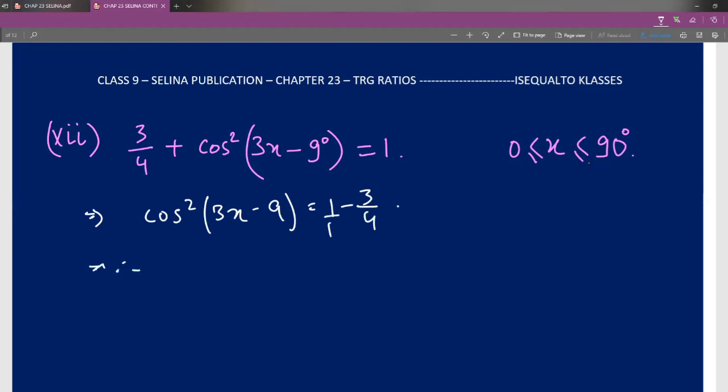So I'll leave the LHS as it is, cos square 3x minus 9 degree, is equal to again 1 upon 4. Now the square that is present in the LHS, in cos square 3x minus 9 degree, I'll shift to the RHS.